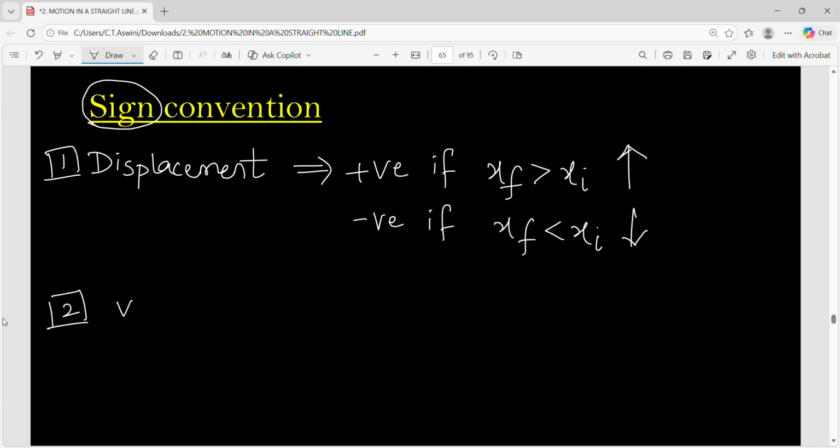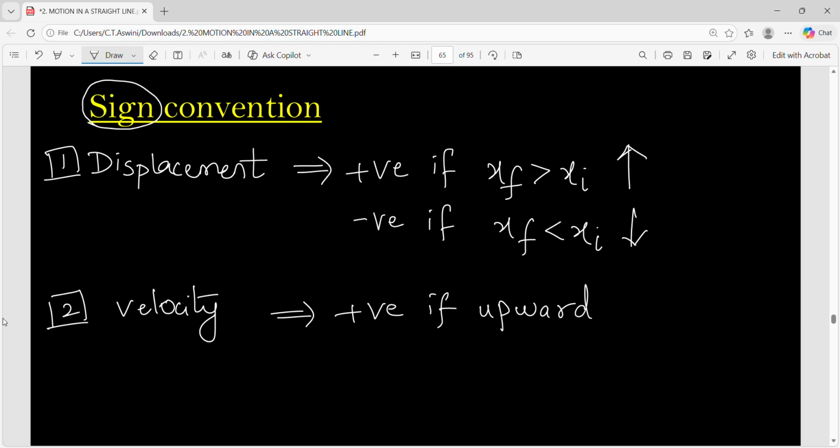Same way you can consider for velocity also. Velocity is also a vector quantity. So velocity will be positive if the body is moving upward, and velocity is negative if the body is moving downward.